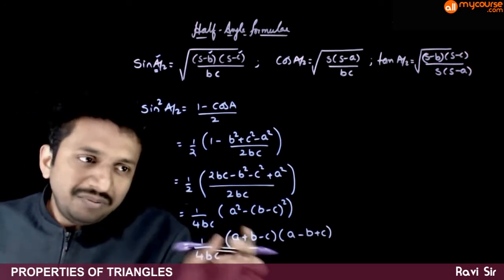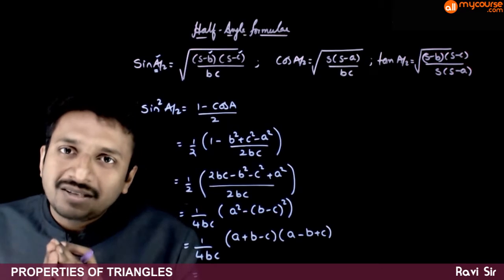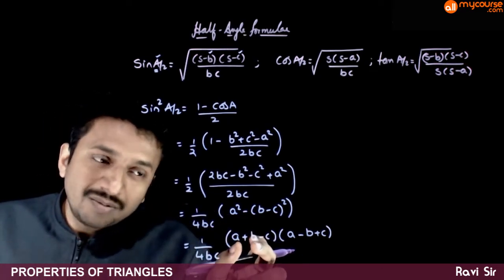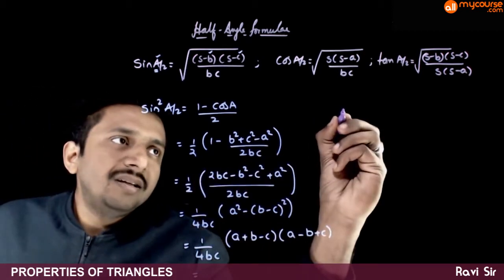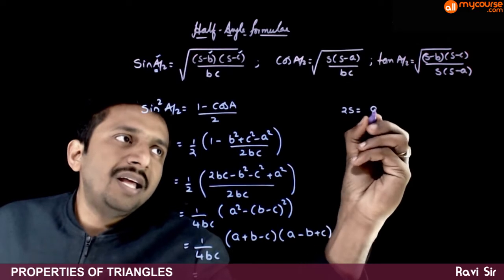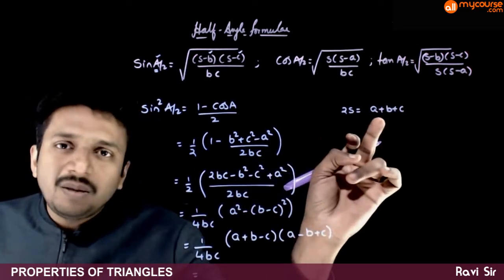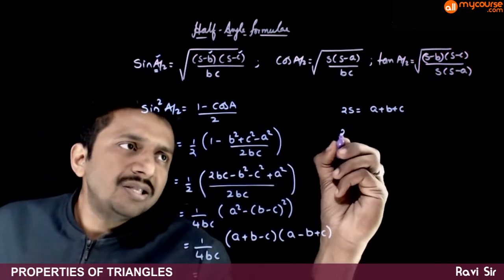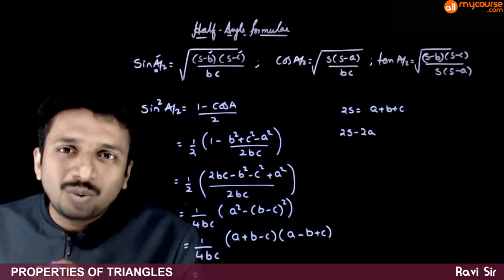So what is this term? These are very familiar terms in properties of triangles. Let us see what these terms are. There are two terms which are adding and one term which is getting subtracted. So we know that 2S is nothing but A plus B plus C, because S is A plus B plus C by 2. Now what is 2S minus 2A? Let us subtract 2A from this 2S.